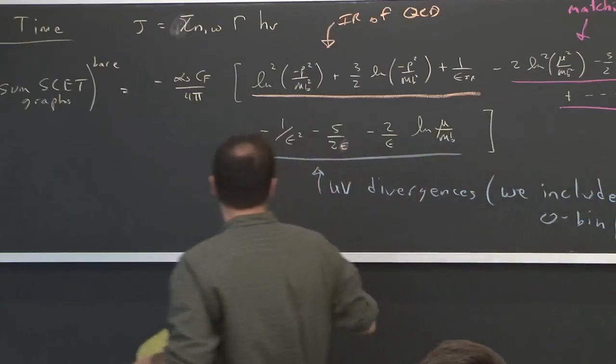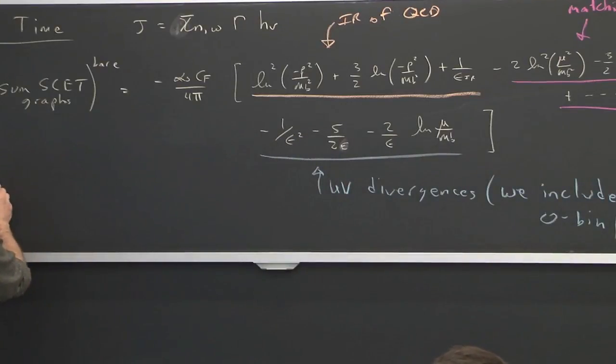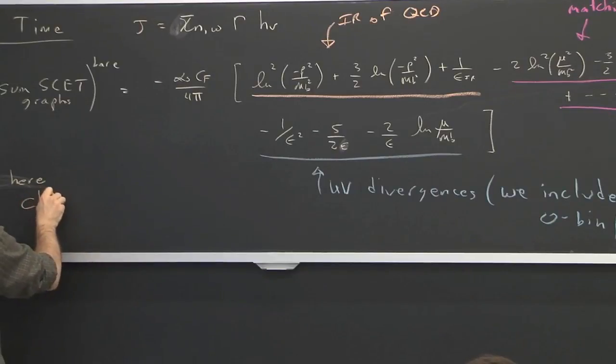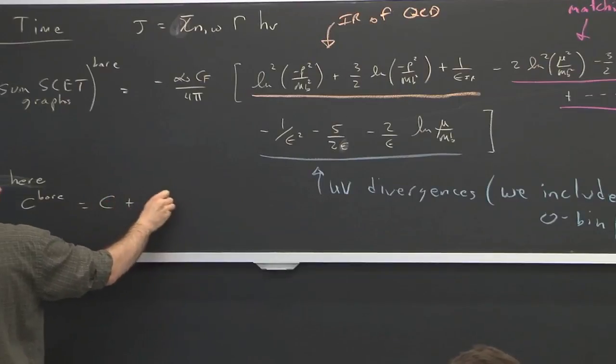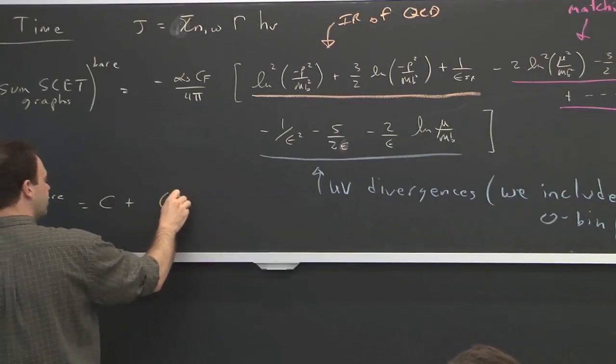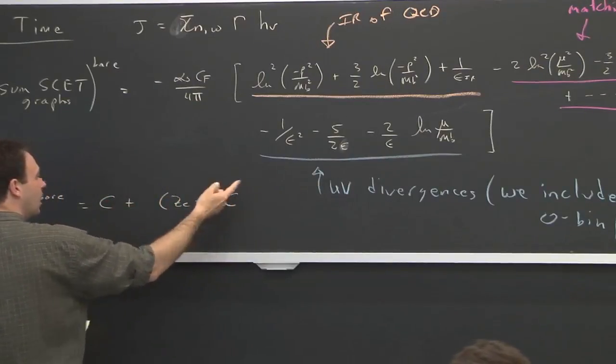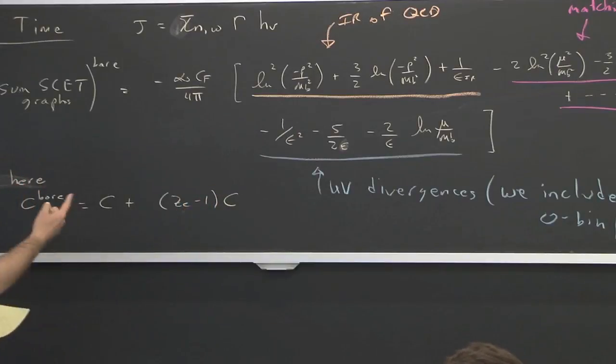OK, but just at the simplistic level, let's just say, for the record, that we could write the following. There was a Wilson coefficient of this operator. And we can divide it into a normalized Wilson coefficient and a counterterm. And then we just think that this counterterm is canceling that divergence.